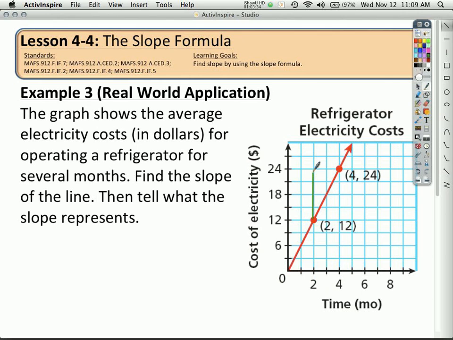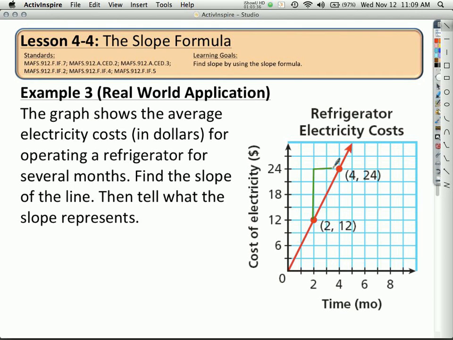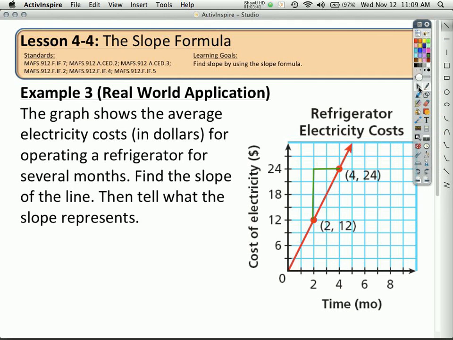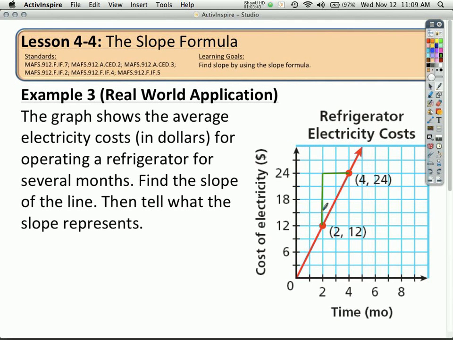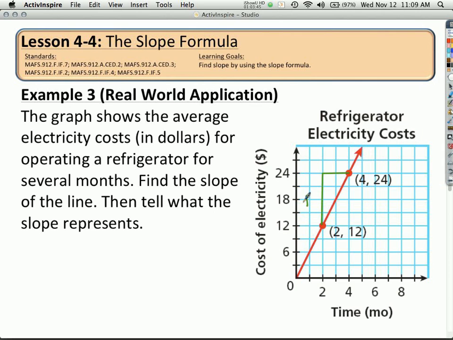So you rise here and run here. Now count, right? You count. I went up 1, 2, 3, 4. So that's plus 4. And I went over to the right 2, 1, 2. So rise 4 over 2. You get that wrong. Because look at the scale. It's not going by ones. So going from here to here is not 1.